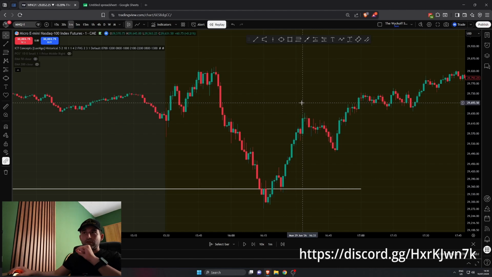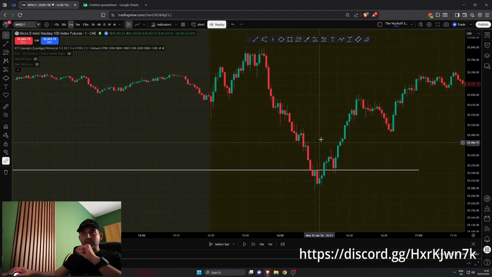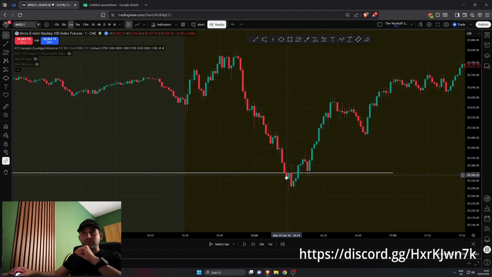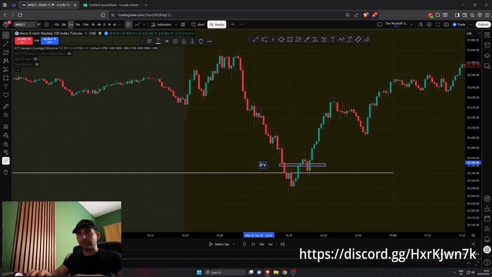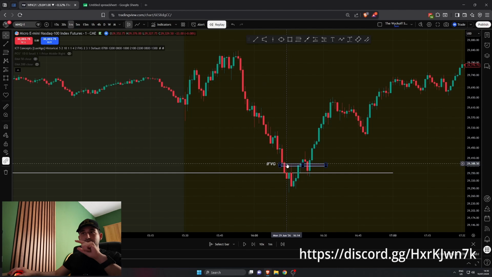So my entry is like this. When I saw that price took the 1 hour liquidity and left an IFVG open here, which I will label IFVG, it went below the liquidity that I have marked, made a pin bar, then price went into the IFVG and then made a bearish candle.